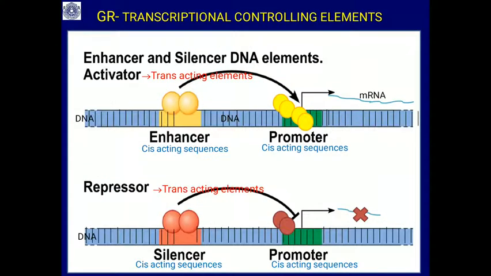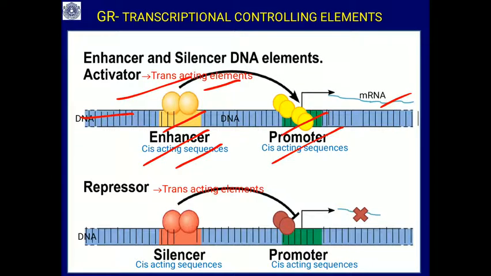So how exactly do these factors work? This is the DNA, just imagine. The enhancer is cis-acting, part of the DNA. How does the enhancer affect the promoter region? By producing activators, which are called trans-acting elements, the transcription factors that bind with the promoter sequence so that mRNA will be produced.